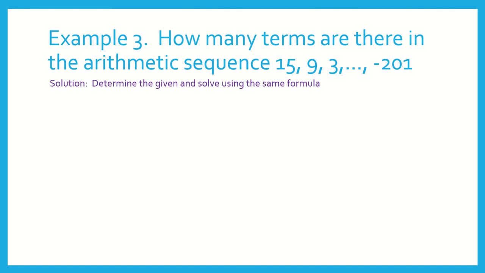Let us see. So we have our a sub 1, which is 15. Our common difference, again, 9 minus 15, will give us negative 6. And a sub n, which is our last term here, is negative 201. So n, which is the number of terms, is missing.